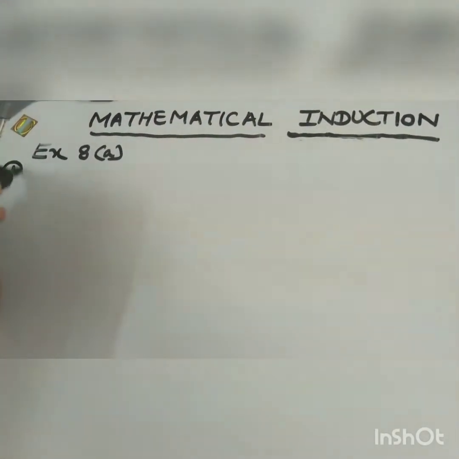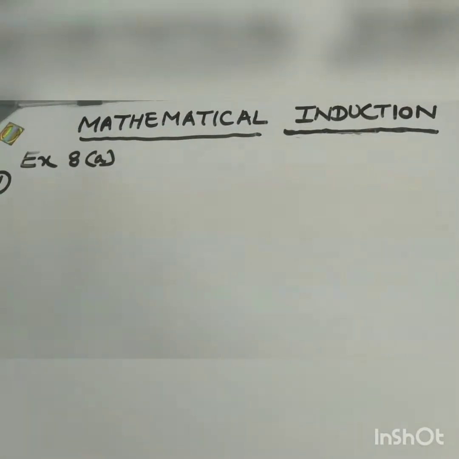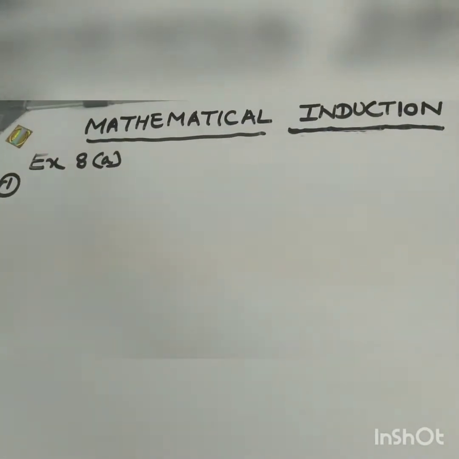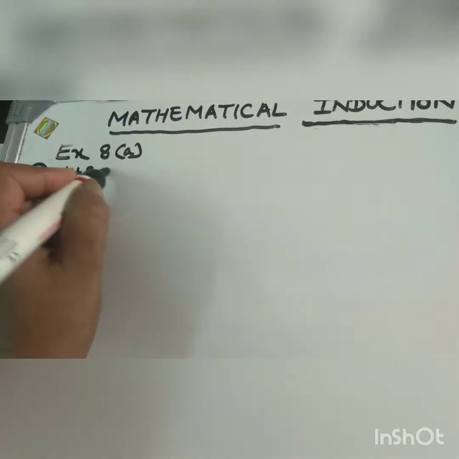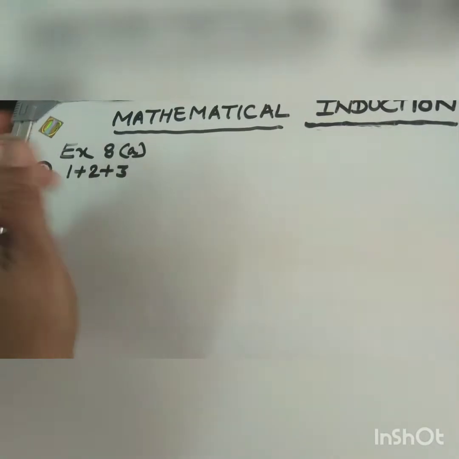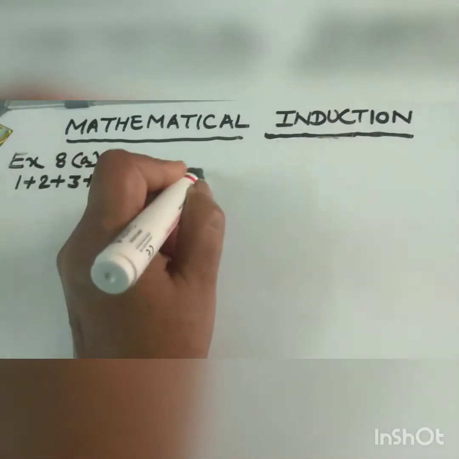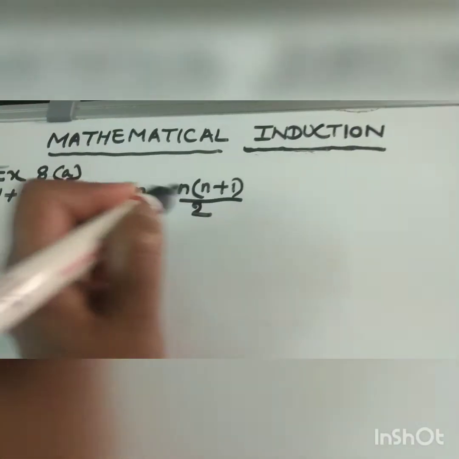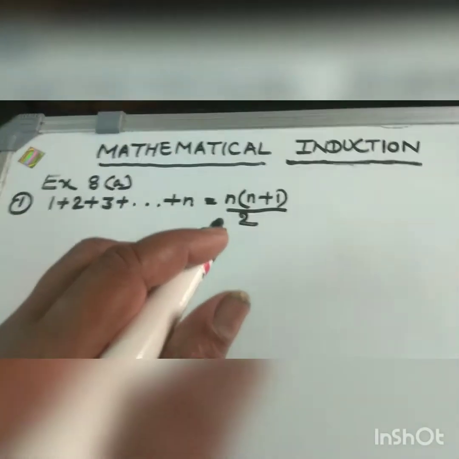Now, this is very simple. We have already used this formula somewhere and most of us are familiar with it, the sum of n natural numbers. We already know that 1 plus 2 plus 3 plus dot dot plus n is equal to n into n plus 1 by 2. Now, we'll try to prove this statement by the method of induction.